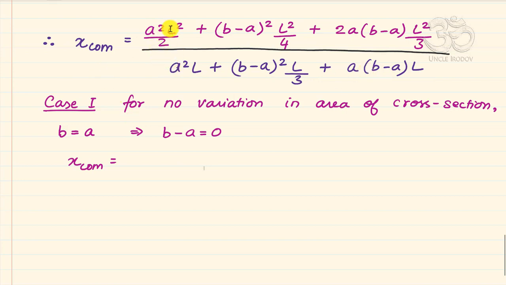So you'll have just a square L square by 2 divided by a square L. So you will have L by 2 as expected. So that's wonderful, because we have got a right answer.